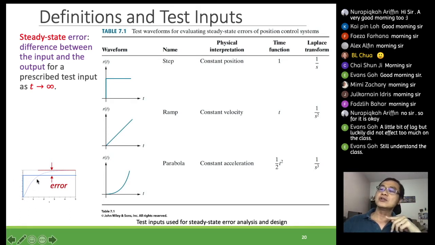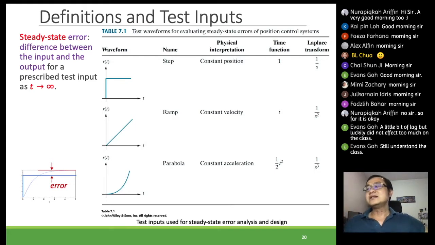It will shoot up and then stabilize. This is the steady state value, and from there we can see an error. This difference will be captured when the time is long enough, assuming everything is stable and already past the settling time.